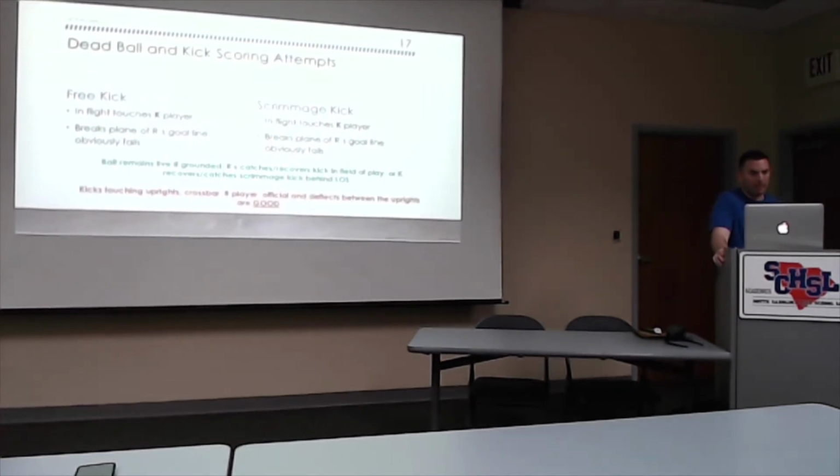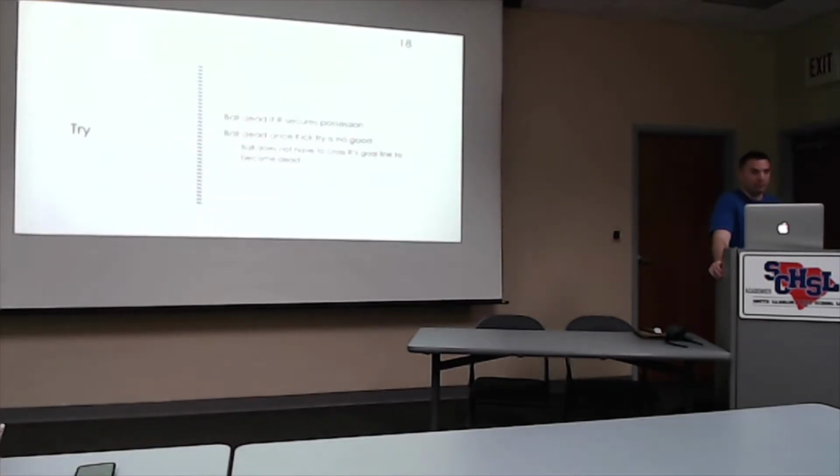Okay. If a kick touches the uprights, crossbar, R player, or official, and deflects between the uprights, the kick is good. As long as it doesn't touch K, it's okay. Try. So a try becomes dead when R secures possession, and once the kick try is no good, then it's dead.